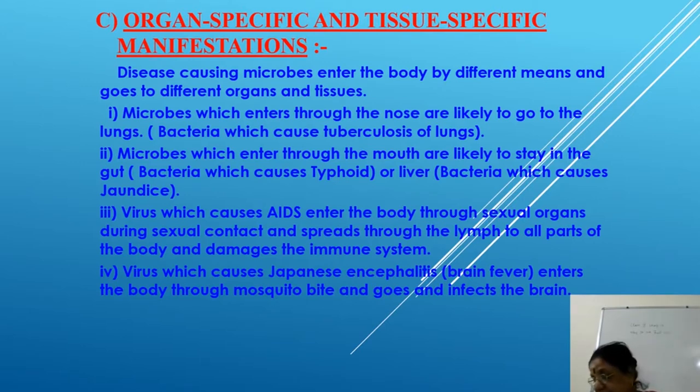The next one: in diseases we understand two terms, sign and symptom. This you should know. The sign and symptom of a disease thus depend on the tissue or organ which the microbe targets. If the lungs are the target, then the symptom will be cough and breathlessness.